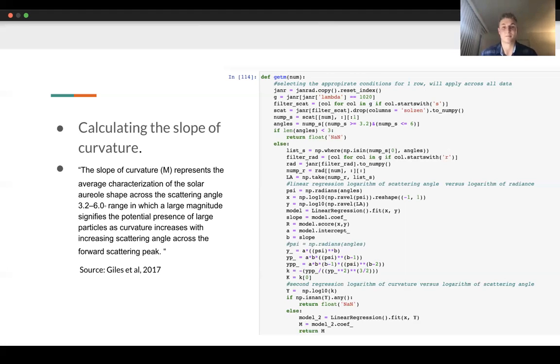But having the insights that you do have from knowing the science behind whatever you're working with, you can apply this seemingly impossible sentence to a function that is going to return that simple value or slope of curvature variable, in this case, M. As you can see, we start with this function, which takes in num, which is actually a set of values, which returns a set of coefficients, which is the variable we wanted.